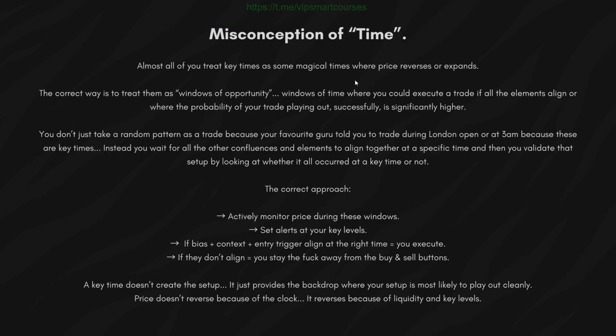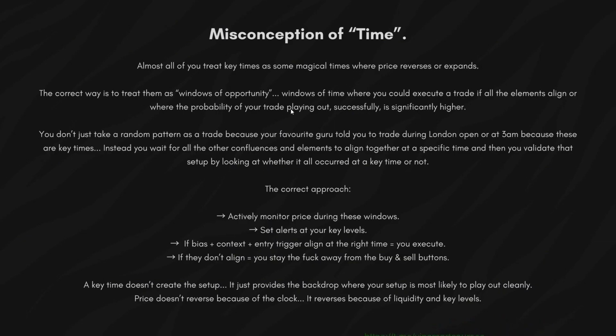But that's not how key time works. Instead, the correct way to treat key times is as windows of opportunity, or windows of time where you could execute a trade if all the other elements align, or where the probability of your trade playing out successfully is significantly higher.